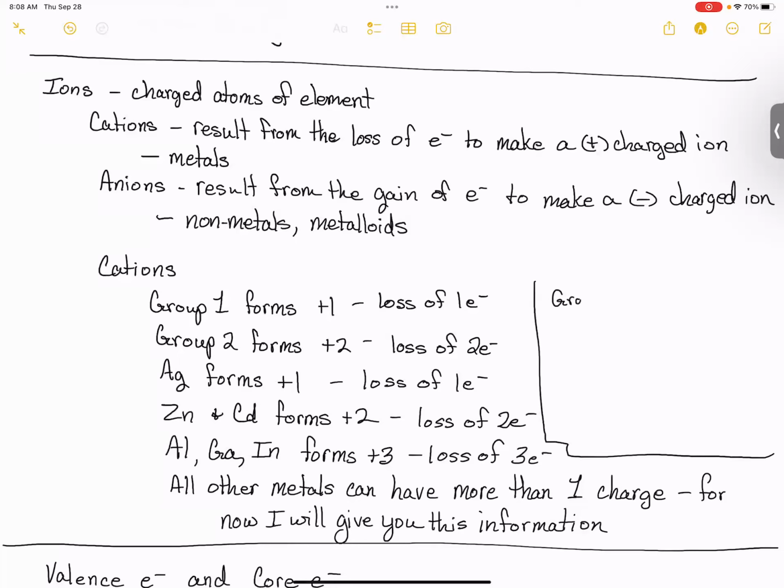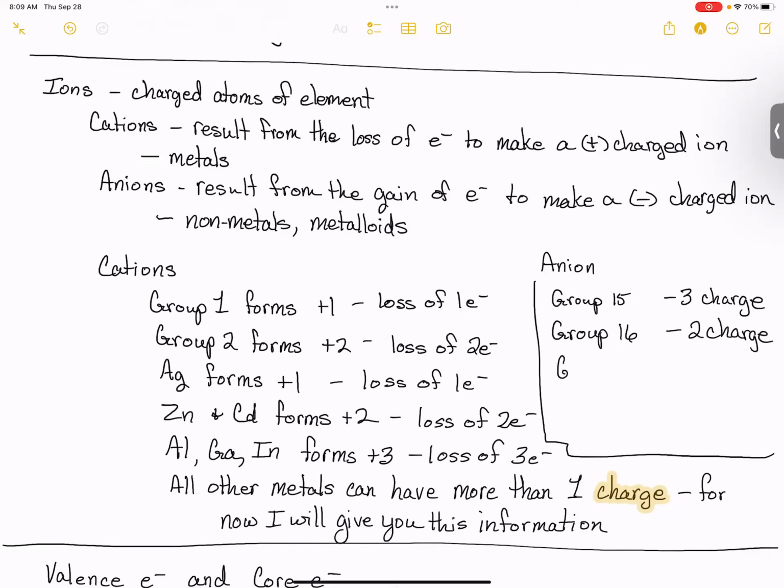Group 15 forms a -3 charge. Group 16 forms a -2 charge.